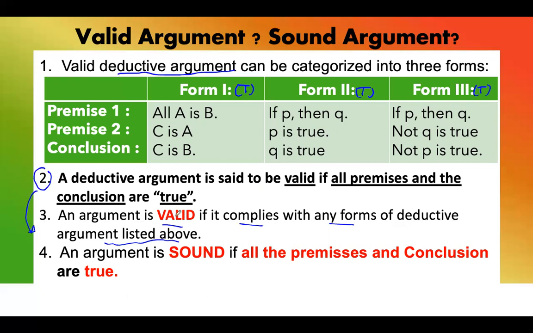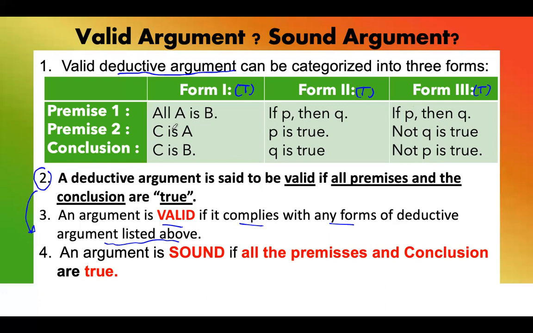So here we are looking at whether the argument is valid or not. Deductive argument here must be correct. If the argument complies with any of the deductive forms listed above, these 3 forms, it follows the rules.